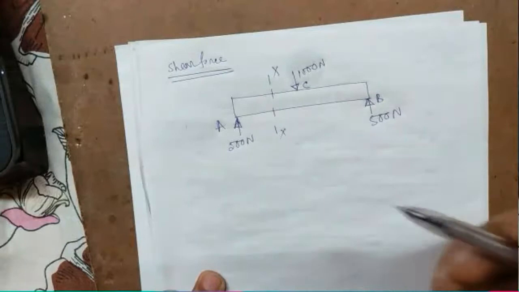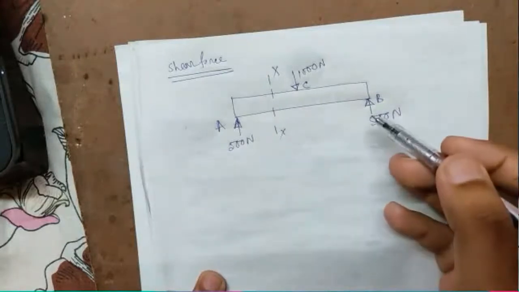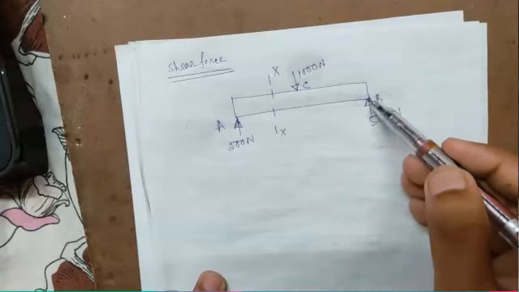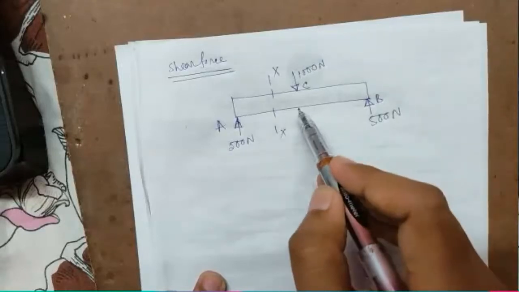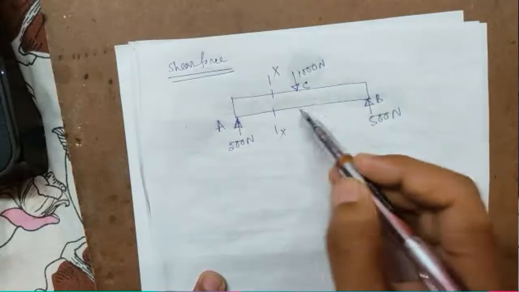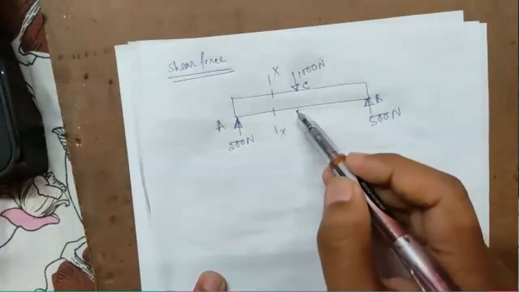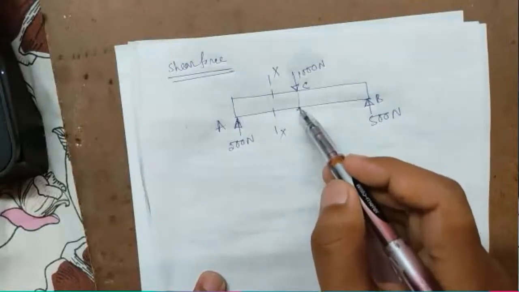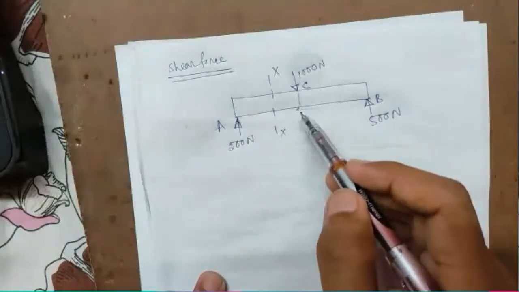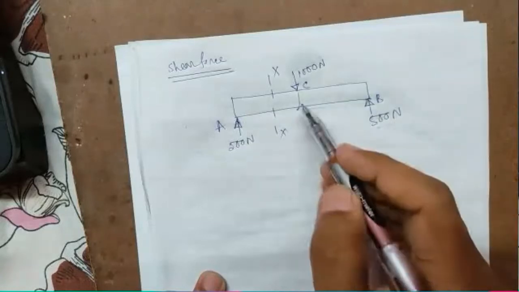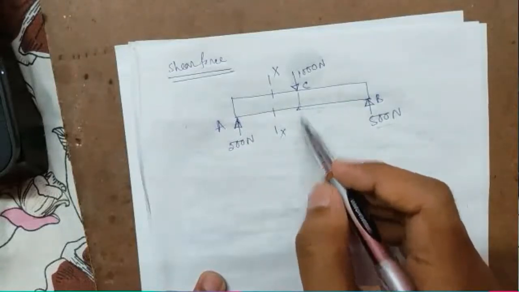If you look at the right hand side, you start from this end. Up to B to C, there are no forces, so from B to C there will be 500 Newton upward, and at point C the resultant force becomes 1000 Newton minus 500 Newton, so 500 Newton downward.